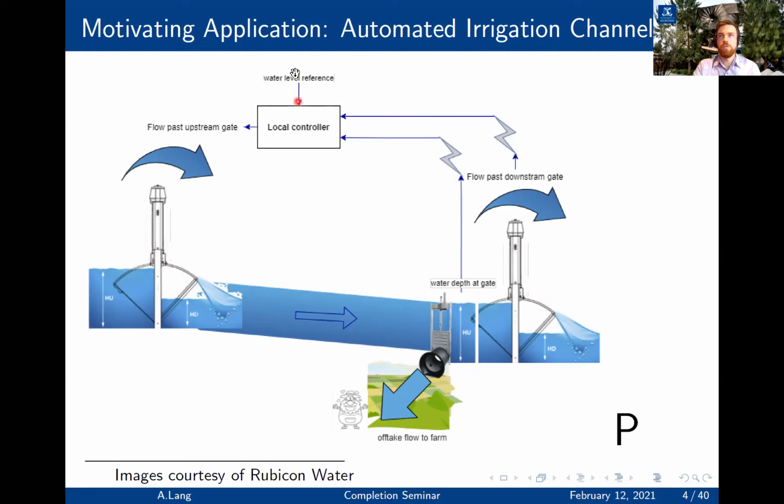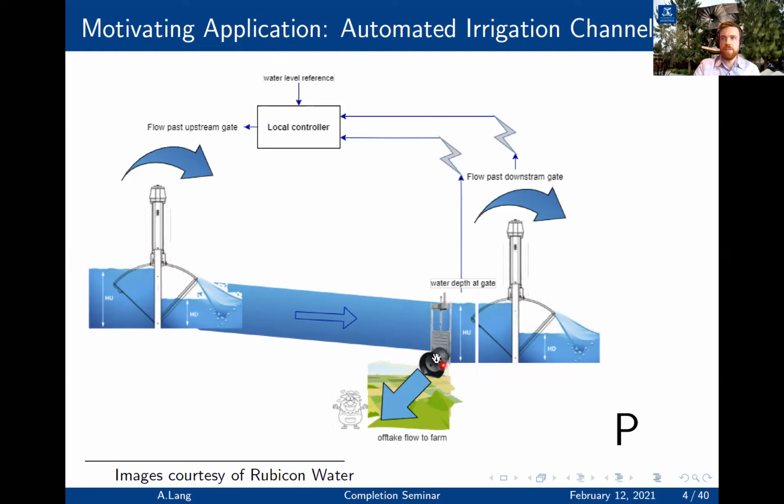The low-level control has an input that is a water level reference, which is linked to the capacity of the outlets to supply flow under the power of gravity, and hence this water level reference actually provides a more suitable interface to a higher layer in the control hierarchy.